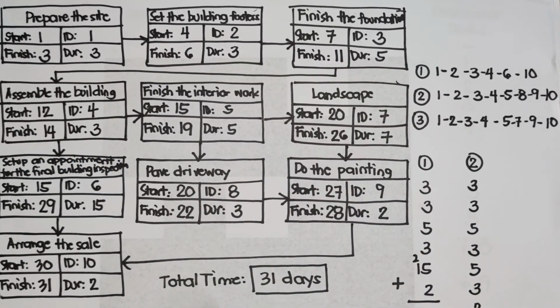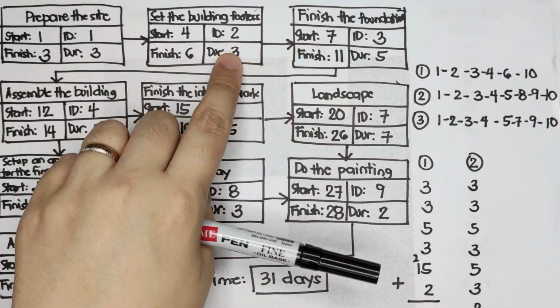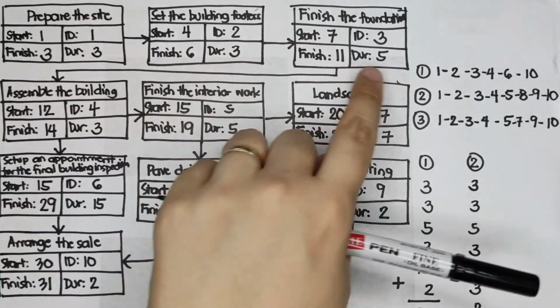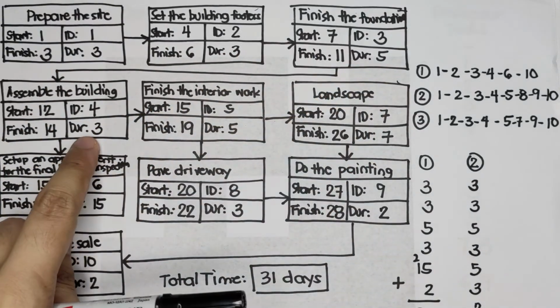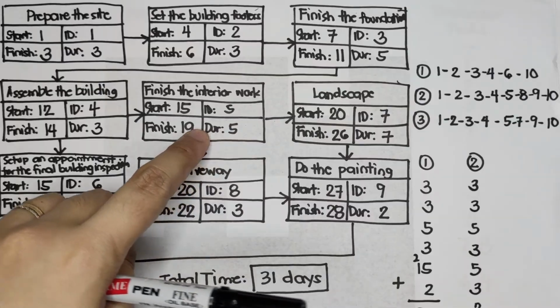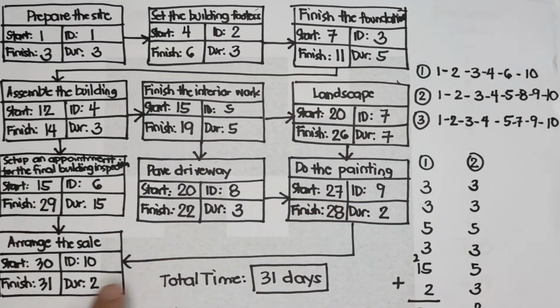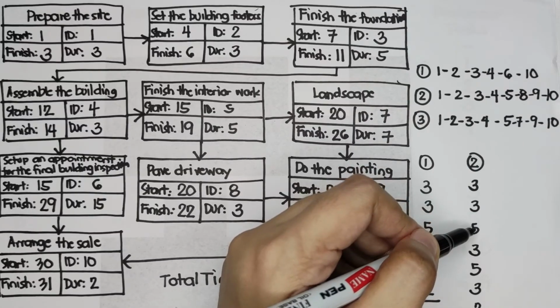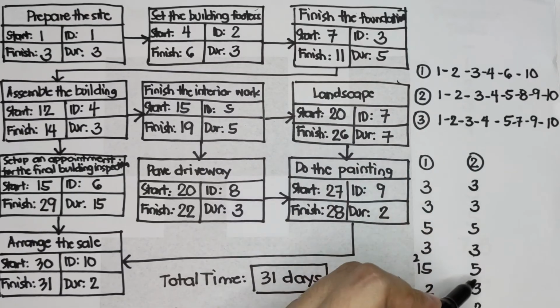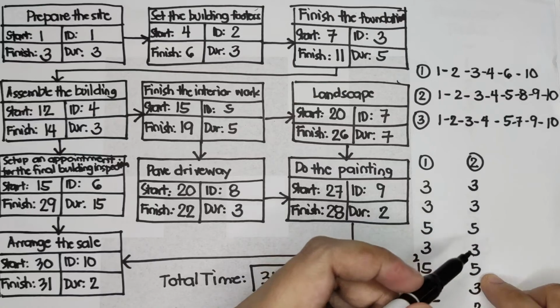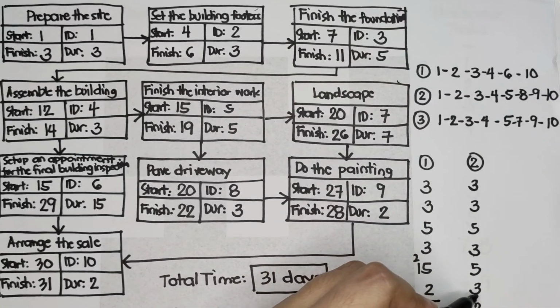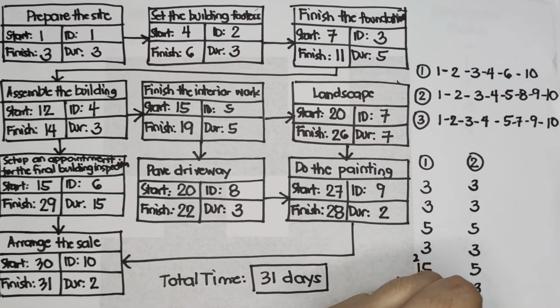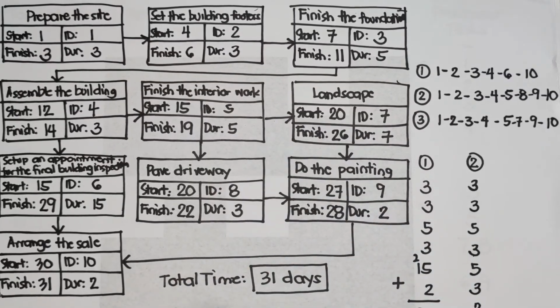Okay, let's check again. 3, 3, 5, and then 3, 5, 3, 2, 2. Okay, so we have 1, 2, 3, 4, 5, 6, 11, 12, 13, 14. 14 plus 5, 19, 20, 21, 22, 23, 24, 25, 26. Okay, so we have 26.